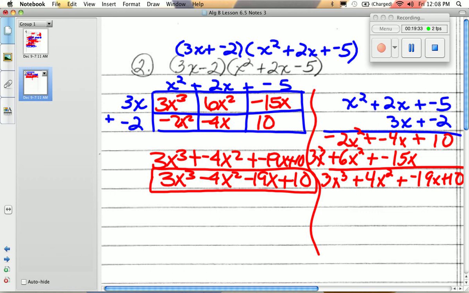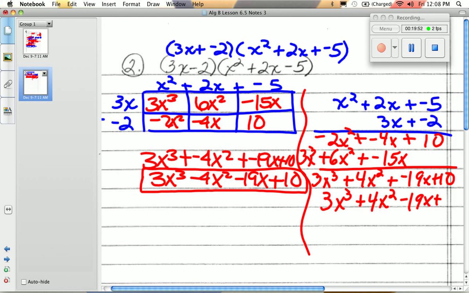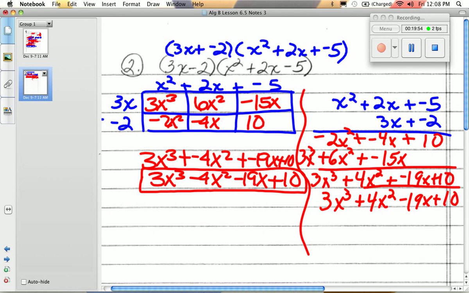Oh, hold on. My x is positive, and I did the rectangle way. My 4x squared is like yours right here? Yep. Okay, so I'm going to clean my answer up here. 3x cubed plus 4x squared minus 19x plus 10. The only thing Haley did wrong is a negative times a positive is a negative.